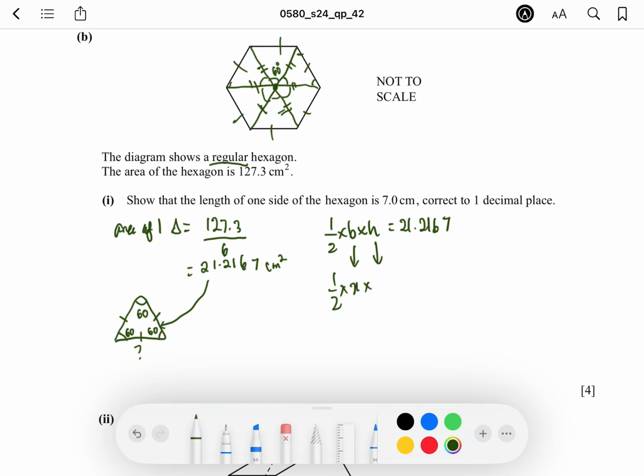But if there isn't a perpendicular height, you remember the formula? Half times a times b times, and the clue is it's either sine or cosine.